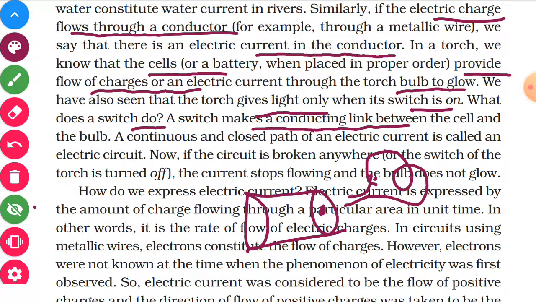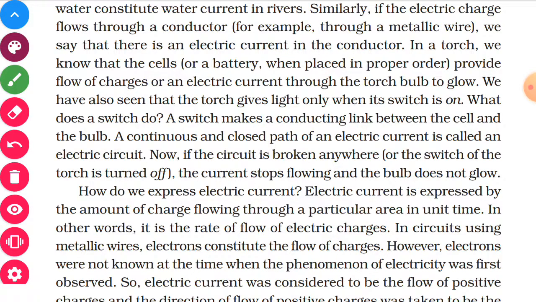Now if there is no connection between this bulb and the cell, then you will not have the bulb glowing. Okay, so there must be some connection here, and that connection is provided by the switch, and because of that device, that is the switch, the bulb can be made on as well as off.